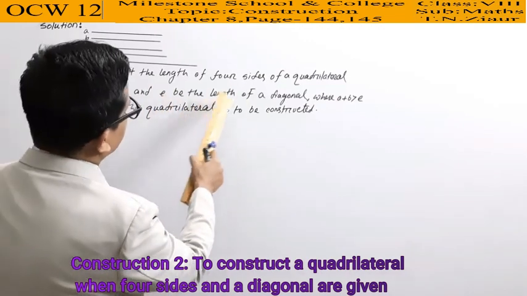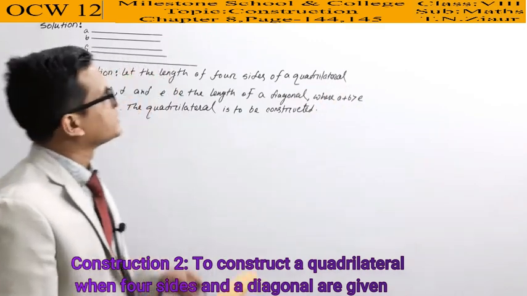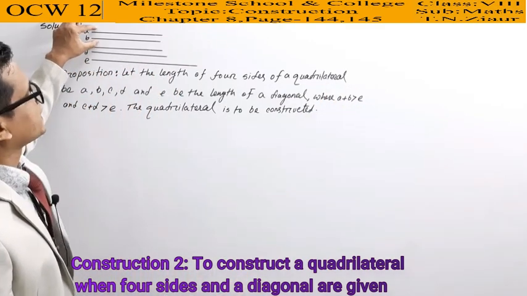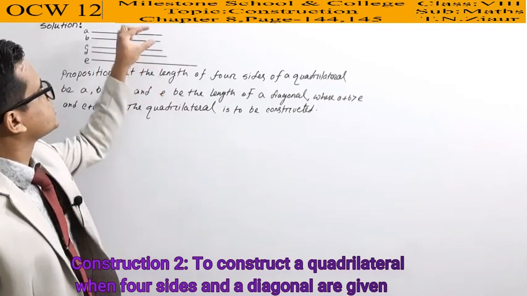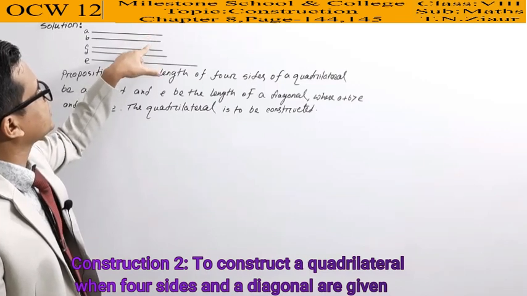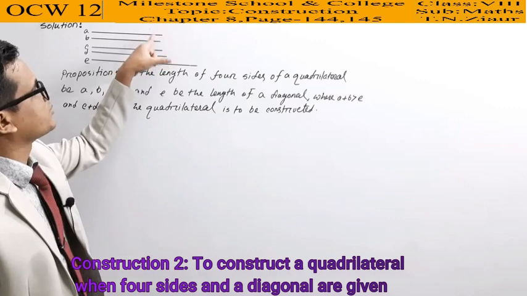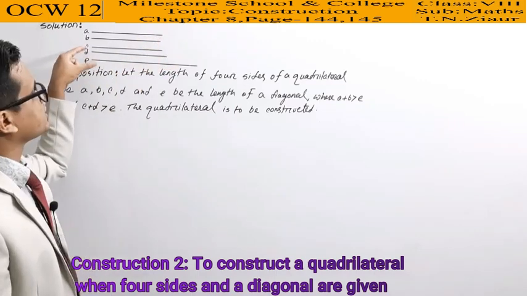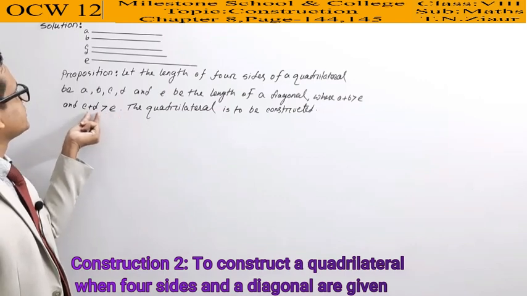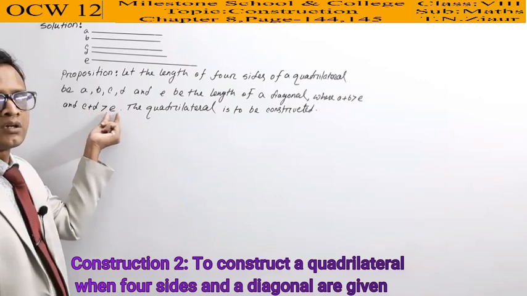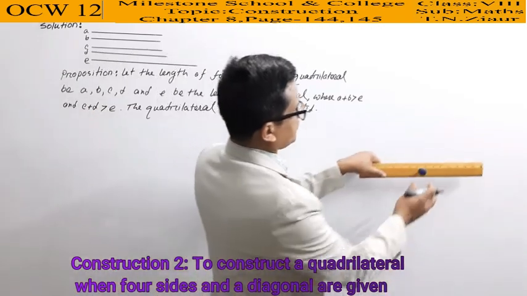So E is the length of the diagonal, where A plus B is greater than E. That means the sum of the two sides will be greater than the length of the diagonal. Also C plus D is greater than E. Have you understood?